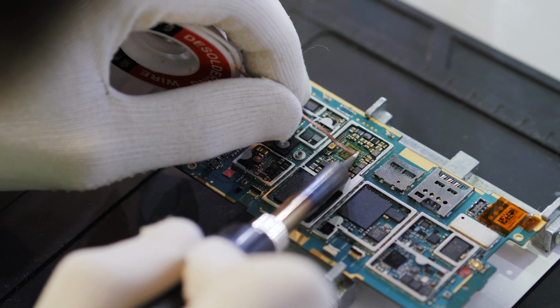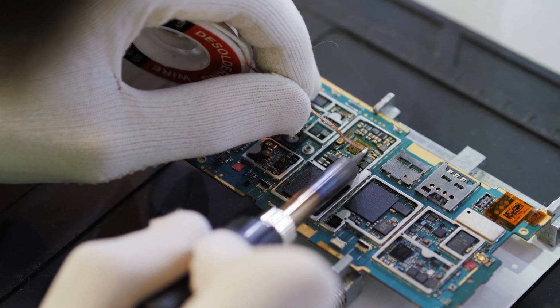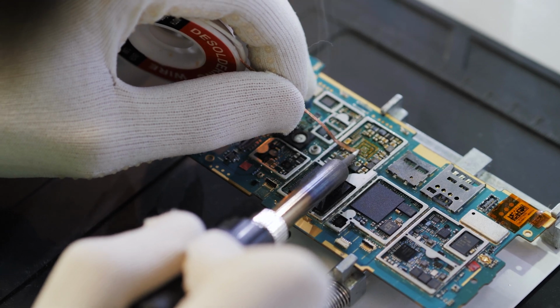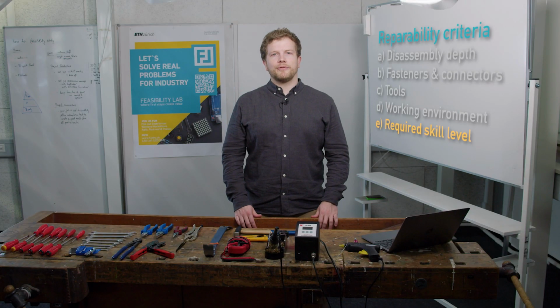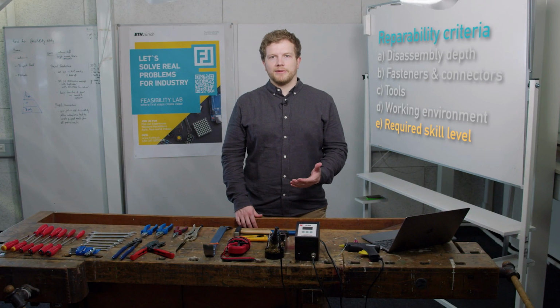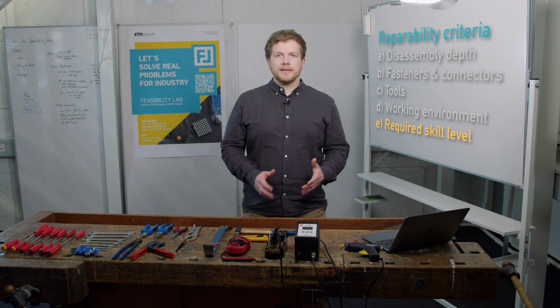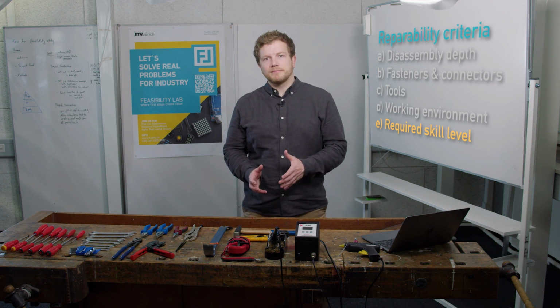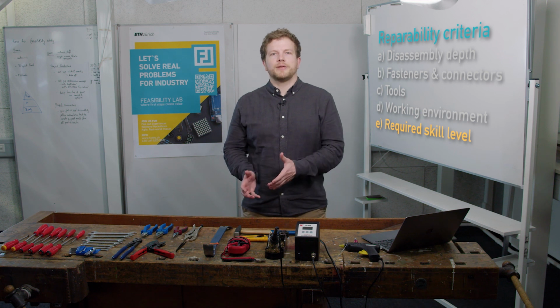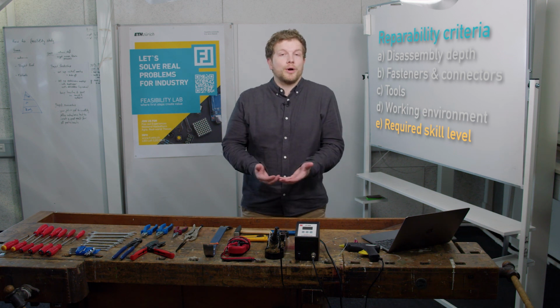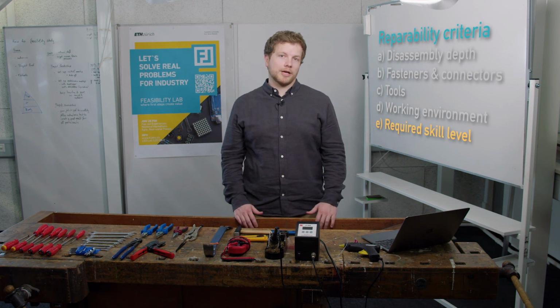If your product needs to go back to a production environment, this is the most specialized repair environment. Our last repairability criterion E is the required skill level. Your product design determines if a layperson, a generalist, an expert, the manufacturer, or no one can repair the product.